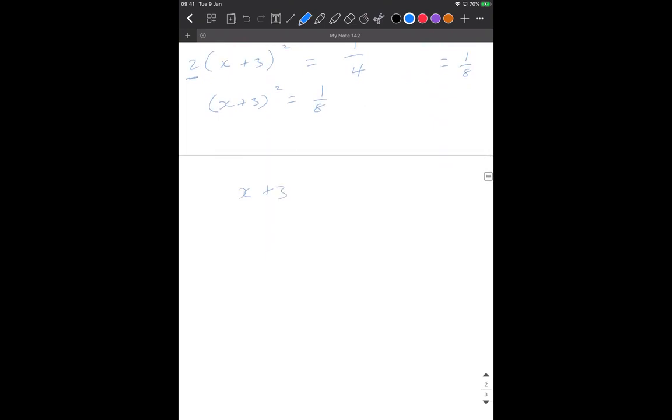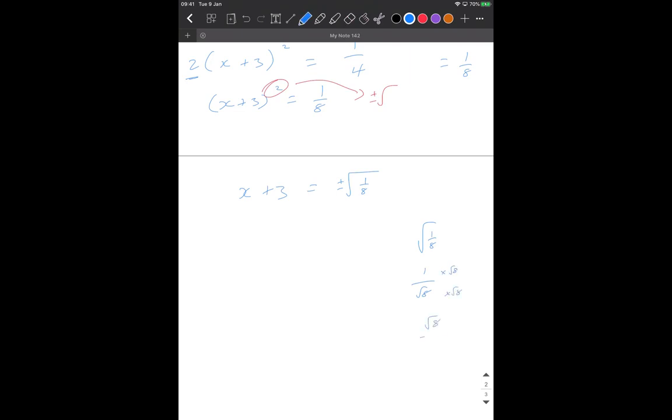My next step is to get rid of this squared. When we get rid of a squared, we square root, and we have to find the positive and negative root. So that's going to be the positive and negative square root of 1/8. Now we can leave it as that, or we can simplify. The square root of 1/8 is the square root of 1 over the square root of 8. The square root of 1 is just 1, so we can get rid of that. Then we can rationalize, which means timesing by the surd on itself.